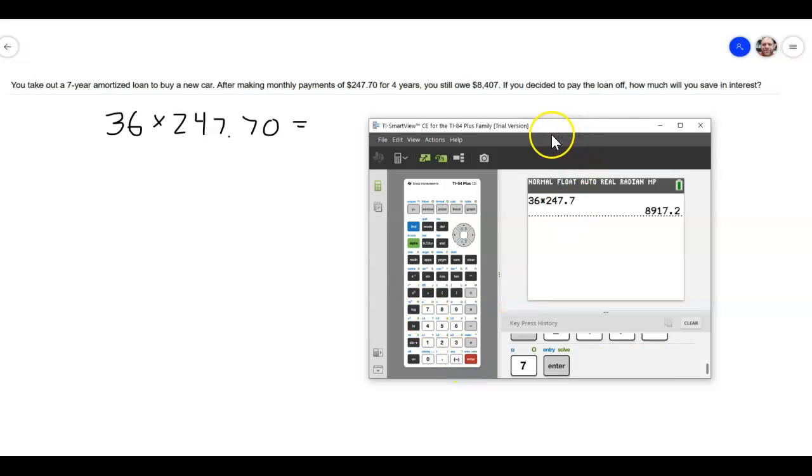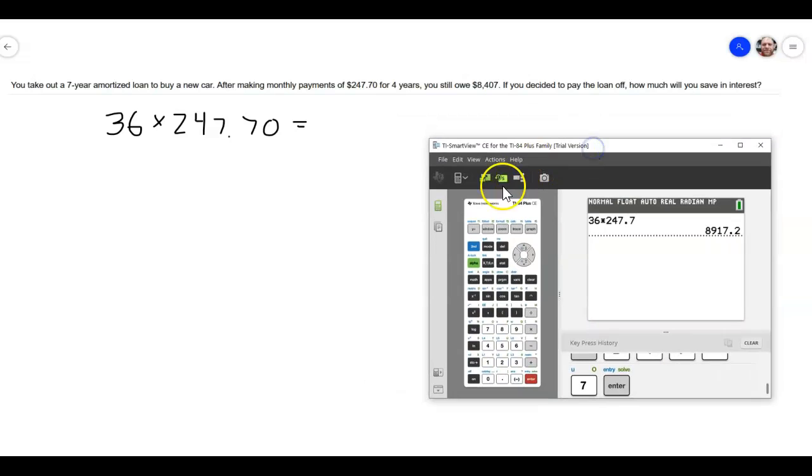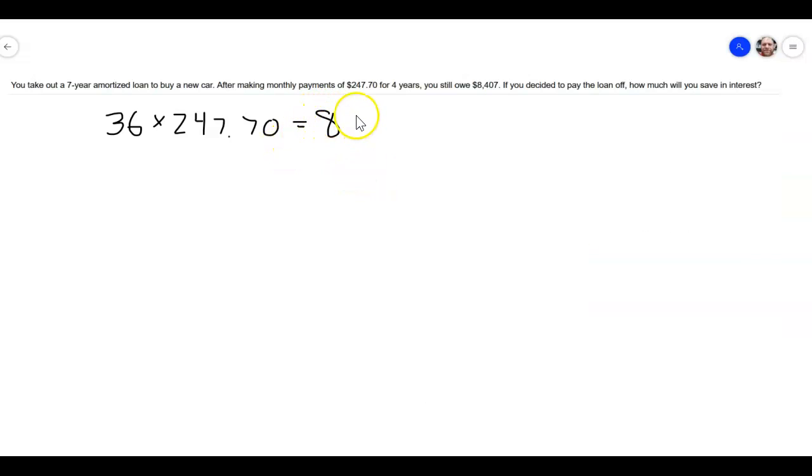That would be $8,917.20. So that's how much it would cost if we wanted to just continue making our monthly payments for the next 3 years. Now let's say we wanted to pay it off for the 8407. How much would we save if we just paid it off?